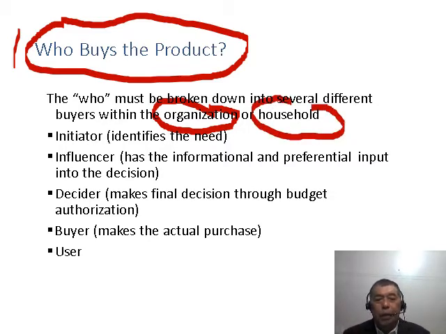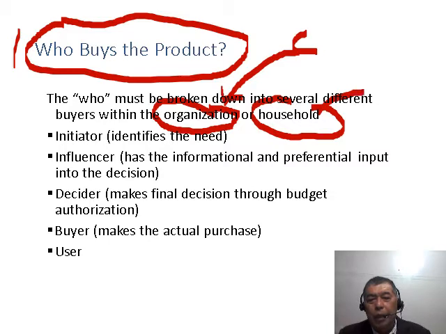Or this one is related to your corporate customers, and these are the general consumers. So there are types of buyers who identify the need and they are classified as initiator.